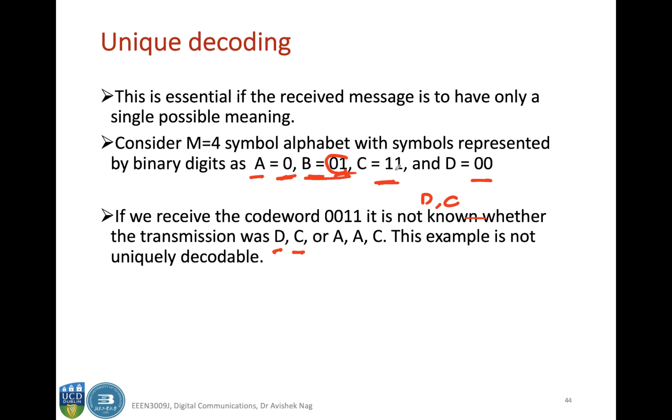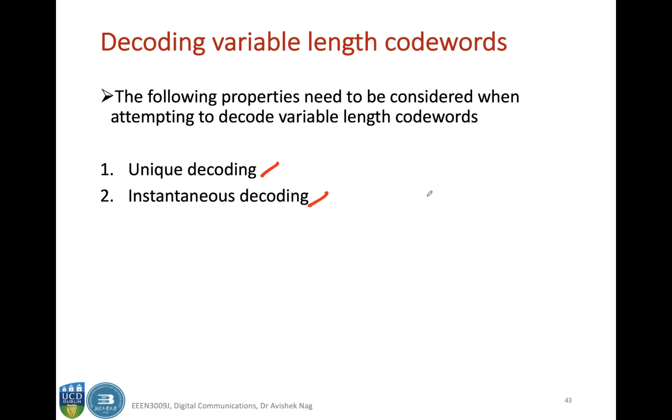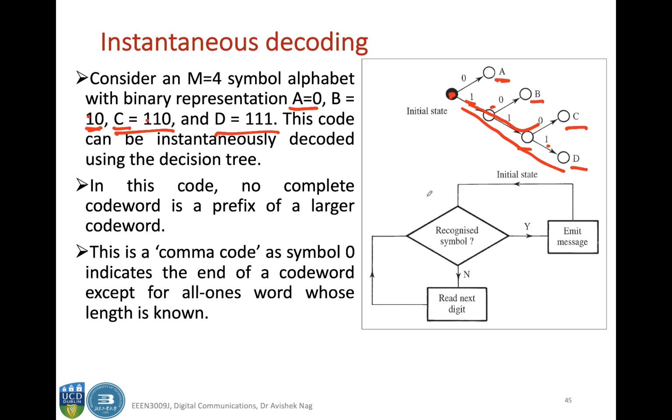This 0 is also a prefix of D. So this is basically a situation which is not very useful. In this case, you can see that no complete code word is a prefix of a larger code word, and therefore you can uniquely decode that using this decision tree.